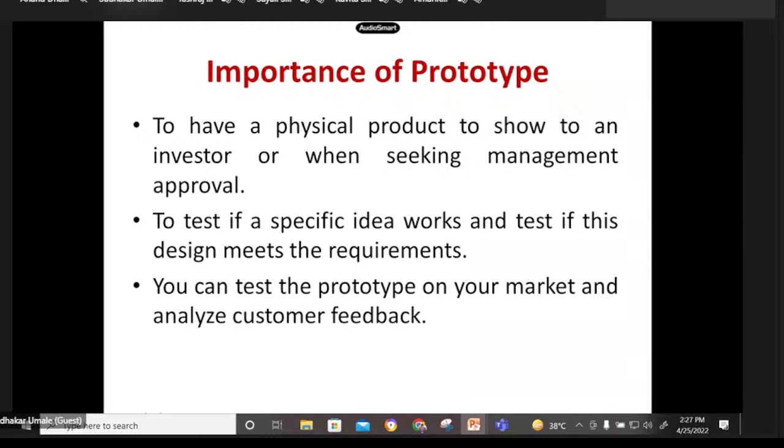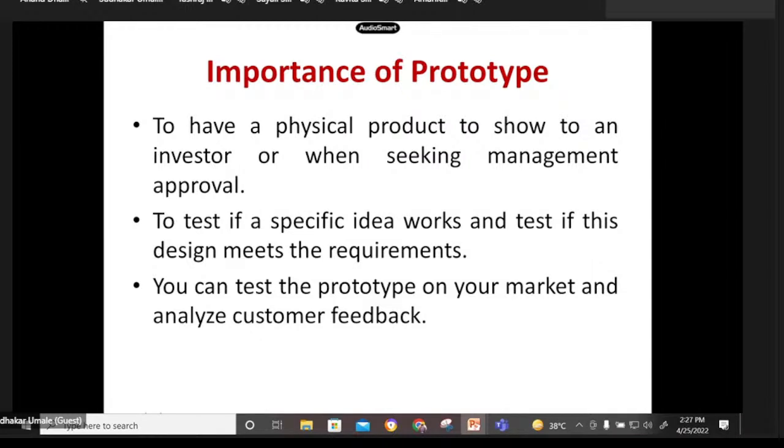Once you understand the meaning of prototyping, you must understand the importance of prototype. Why we require the prototype during the design process. Do you have a physical product to show an investor or when seeking management approval?